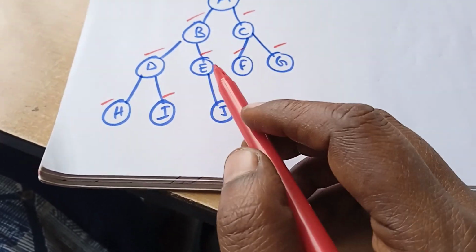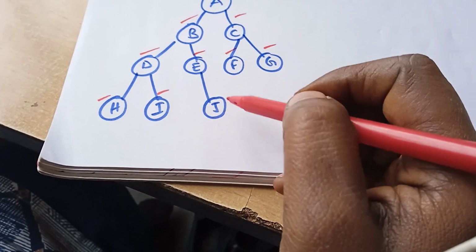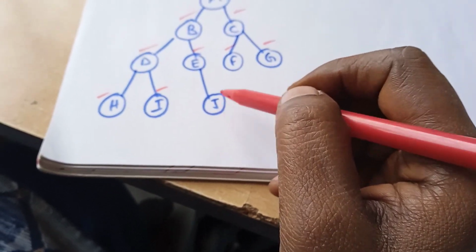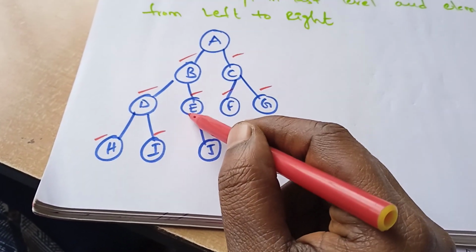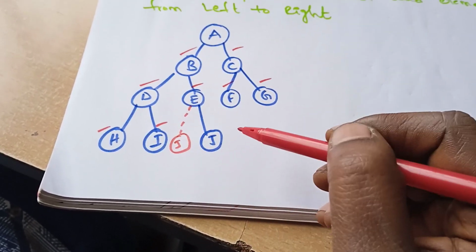And if you see here, if I wanted to insert a J, J first of all has to be filled from left to right. So J should actually be available on the left side.